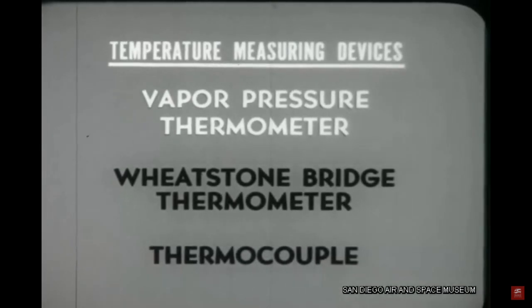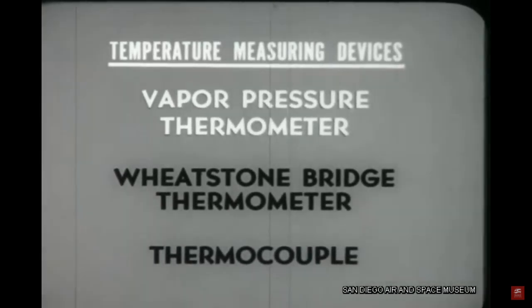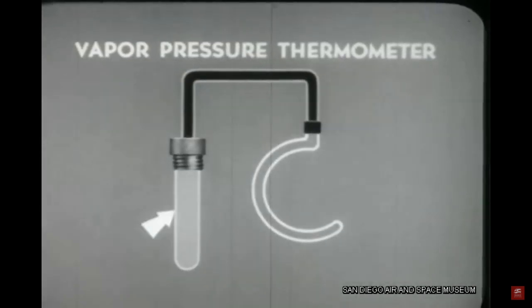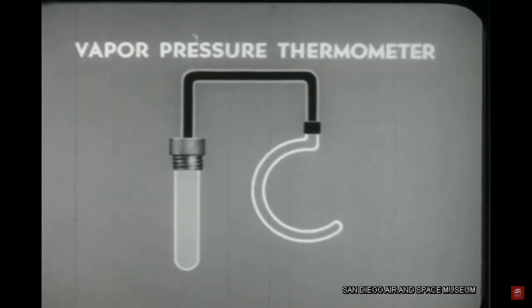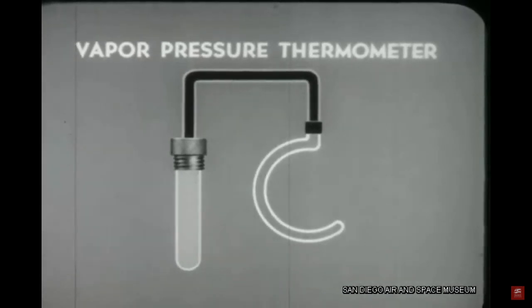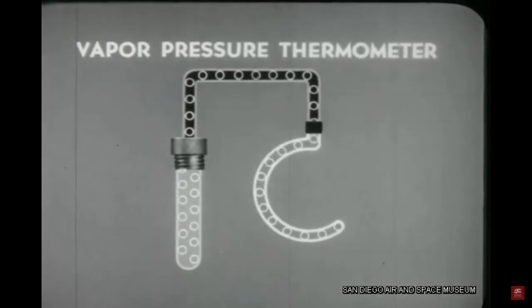The vapor pressure thermometer is a very simple device. It consists of a metal bulb with small diameter tubing running to a Bourdon tube. The bulb, tubing, and Bourdon tube are filled with a volatile liquid which is sensitive to changes in temperature.